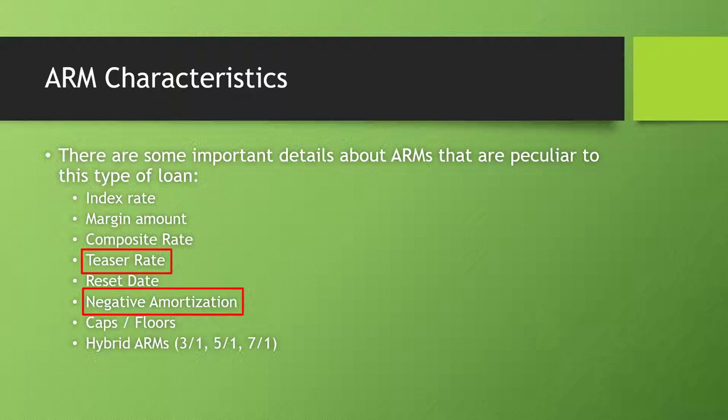A teaser rate, and the term down here, negative amortization, are really residual terms left over from a previous era when lenders could have an artificially low rate up front, maybe a 6-month teaser rate, and then the rate would jump up to the normal rate. Why that has gone away is largely because of the financial crisis in 2008. Teaser rates were not uncommon before the crisis.